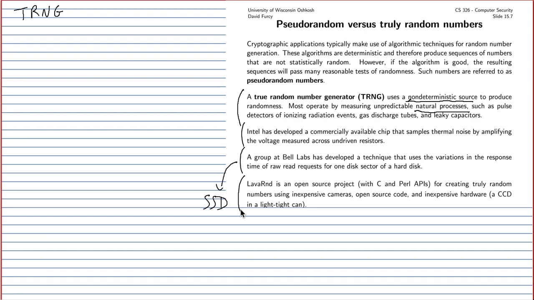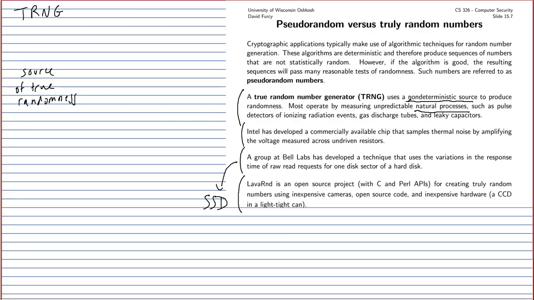So in general, the process works like this. A true random number generator has to use a source of true randomness. And that's, like I said, typically a physical process in the outside world.